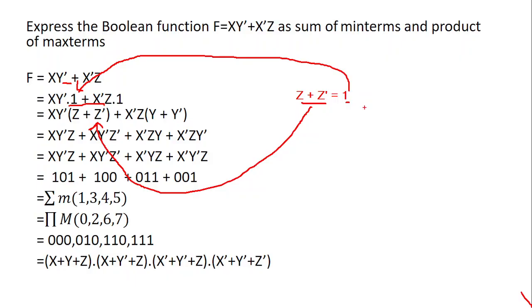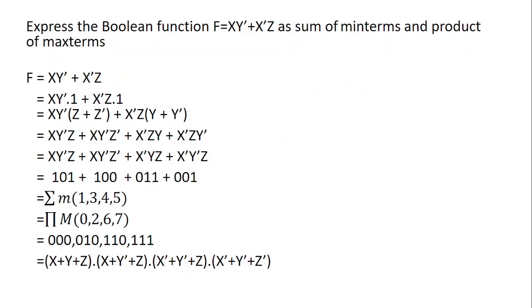So instead of this 1, I have replaced it with z plus z bar. Why did I replace it with z plus z bar? Why not with x plus x bar? Because I need the one term that is missing here. What is the one term that is missing here? It is z. Z is missing in the first term. Similarly, in the second term, y is missing. So I will replace this 1 with y plus y bar. Remember, y plus y bar is also 1.